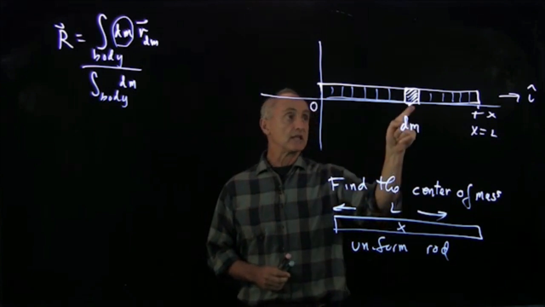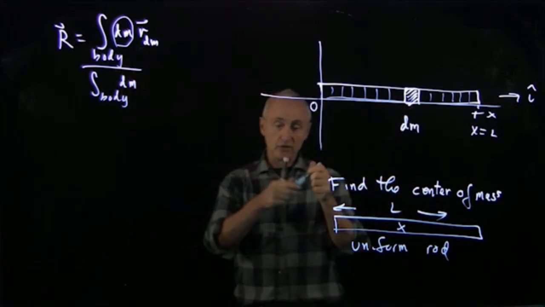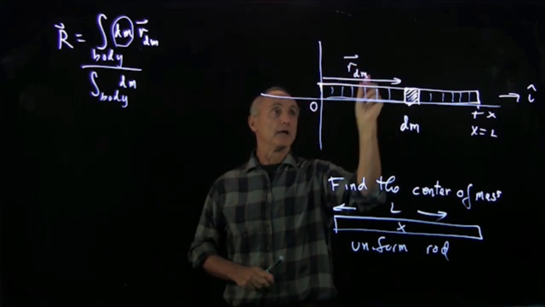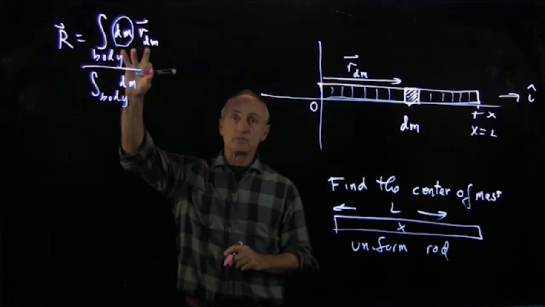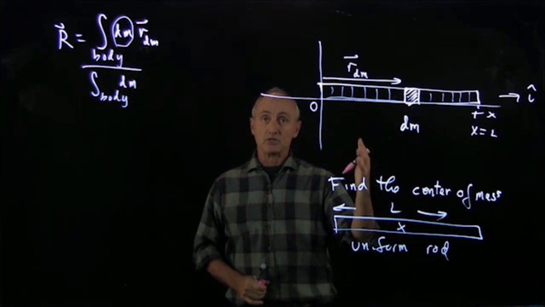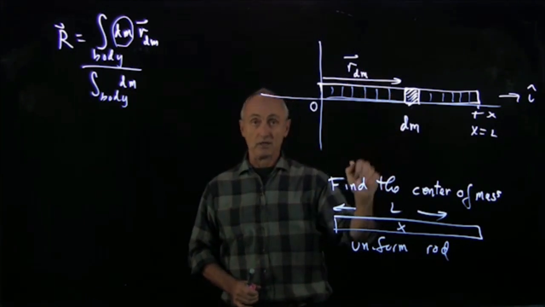And the point is that the dm's are different distances from the origin. So the next step is I draw a picture of my vector r dm. Now I have these terms at least explained in my diagram. The next step is to introduce an integration variable for both of these quantities.